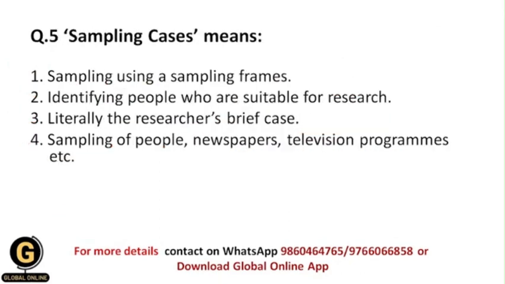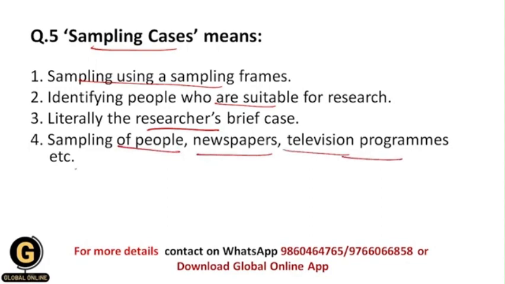Next is sampling cases means. Now what is the meaning of sampling cases? Whether it is sampling using sampling frames, identifying people who are suitable for research, the researcher's literal briefcase, or sampling of people, newspapers, television programs, etc. So students, you need to think about these words, sampling and cases.